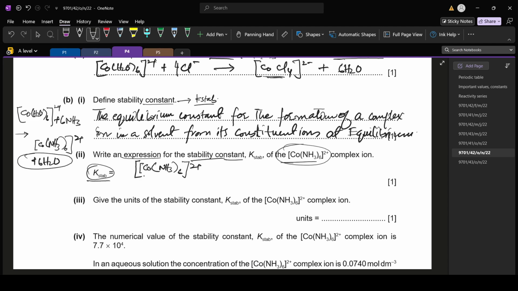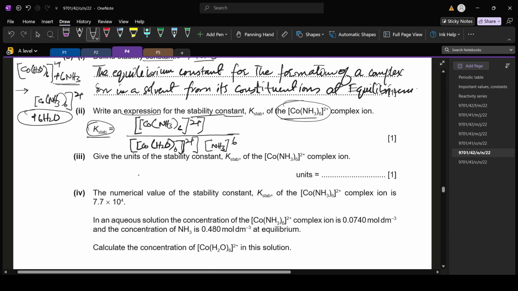So the concentration of this complex of cobalt divided by the concentration of the initial complex of cobalt and the concentration of ammonia as well, and you will have a power of 6 on ammonia because there are 6 moles of ammonia. So this is your K stability constant expression.